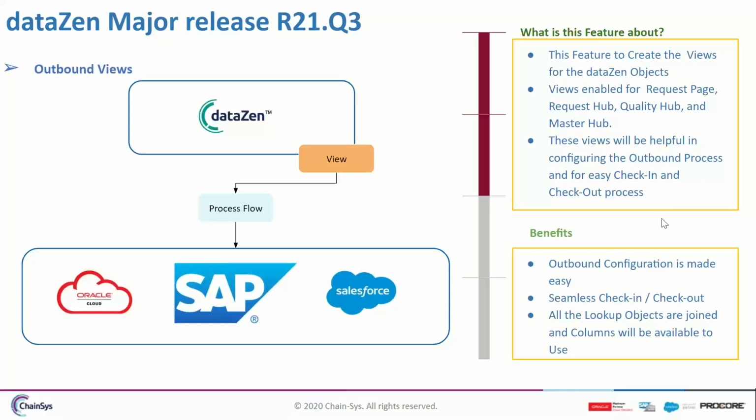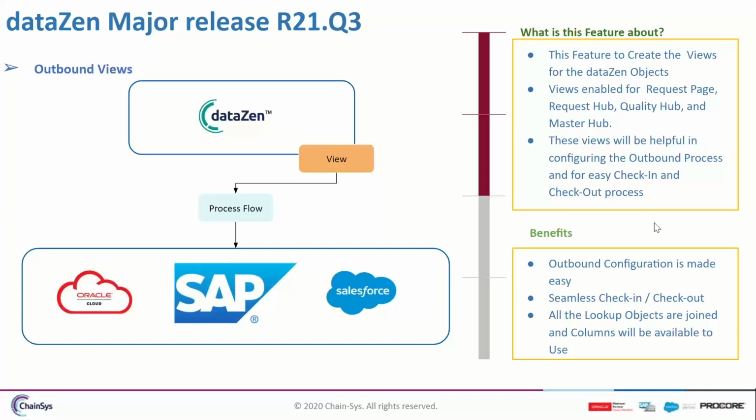Most important, the lookup objects are tightly coupled with those views. Earlier we had to join different tables and queries and put everything together, and now we have a single view for each object. For instance, for customer, address, and contact, I'll have 3 different views. Those 3 views together can be prepared as one data model.